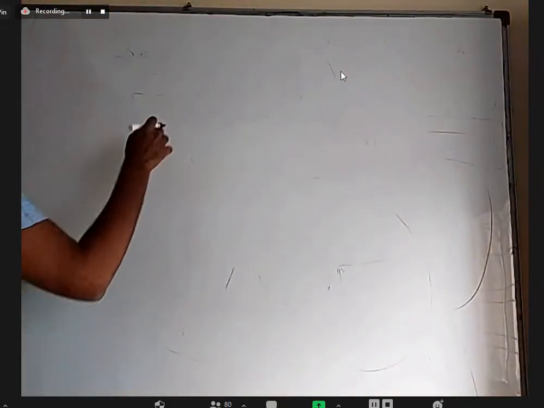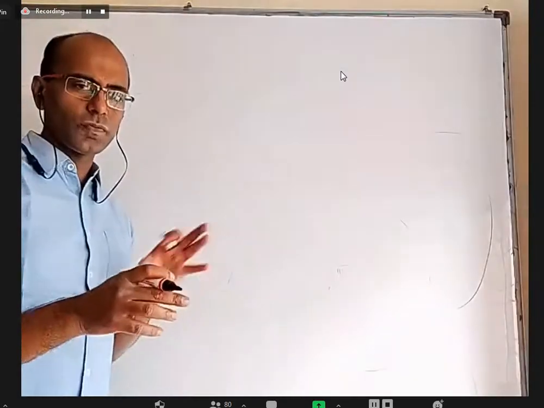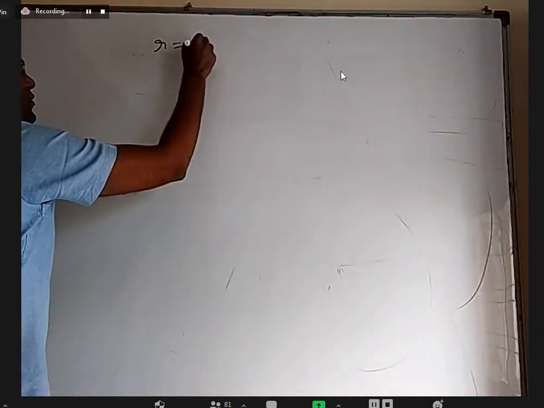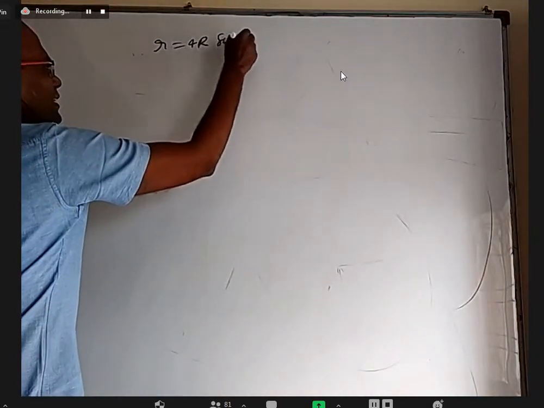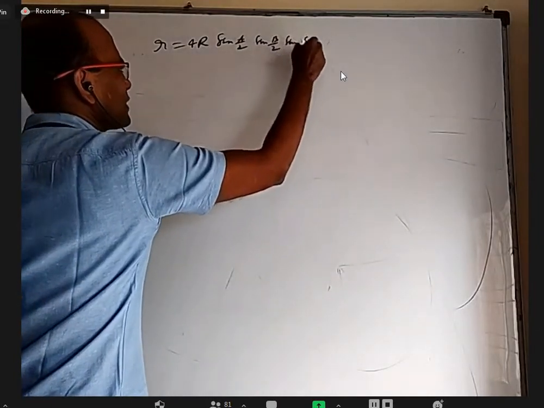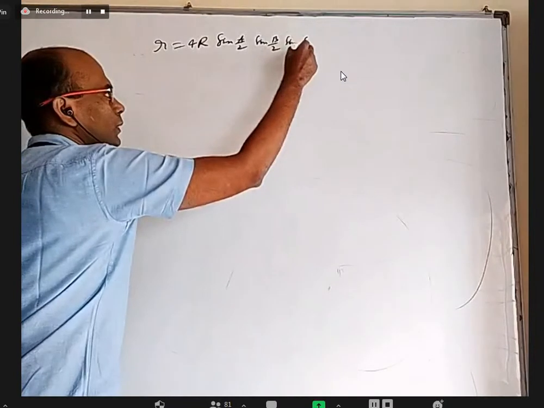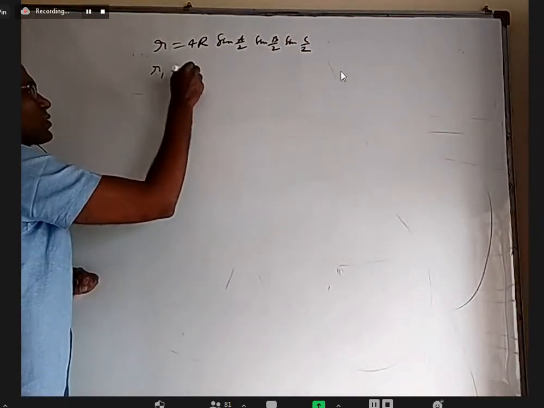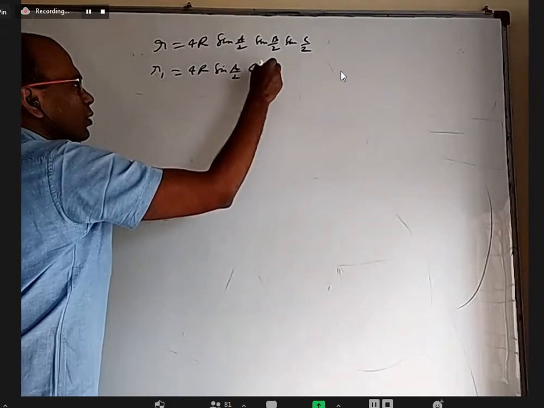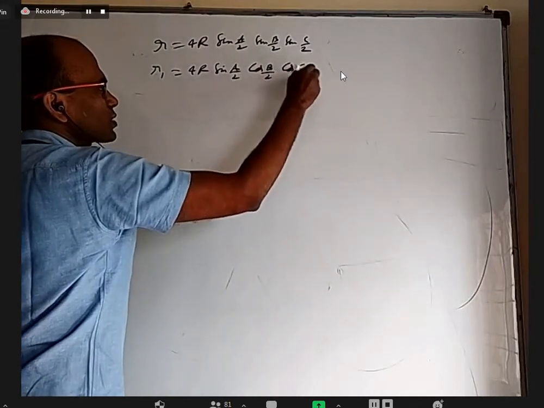So one or two of these formulas, all these formulas I'm not stating, just a few of them that we use more frequently for the rest of the questions. Small r, we derived it as 4 capital R sine A by 2, sine B by 2, sine C by 2. R1 is 4 capital R sine A by 2, cos B by 2, cos C by 2.